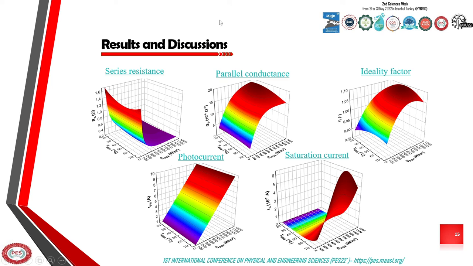In all these figures, POAI irradiance varies from 100 watts per meter square to 1100 watts per meter square, and MBS temperature varies from 15 to 75 degrees Celsius. We can conclude that for a PV solar module operating under nonstandard conditions, the model physical parameters are very sensitive to variation of MBS temperature and POAI irradiance.